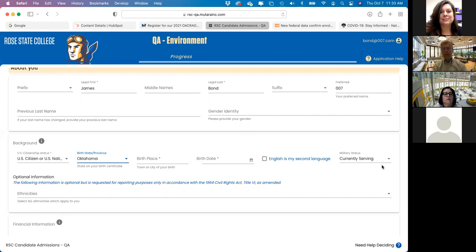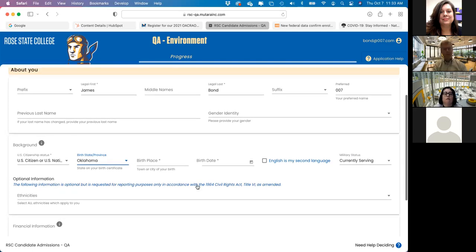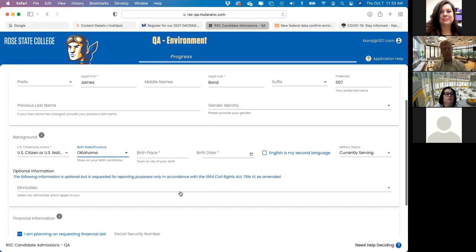Normally it would show that it's currently serving, and I think our development team's been working on something in the middle right now. Yes, not our production application.